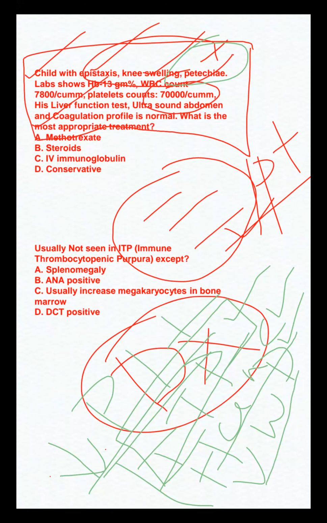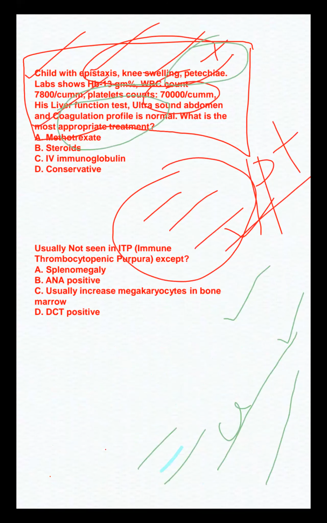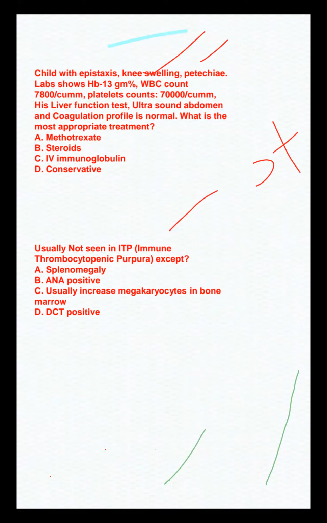So in ITP, will PT or APTT be higher? No, the coagulation profile is normal. So what is the diagnosis? Ma'am, ITP, immune thrombocytopenic purpura, with bleeding tendency. Yes, with bleeding tendency, the diagnosis is ITP.